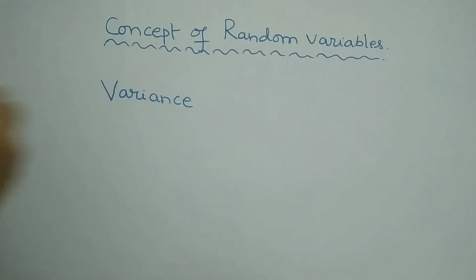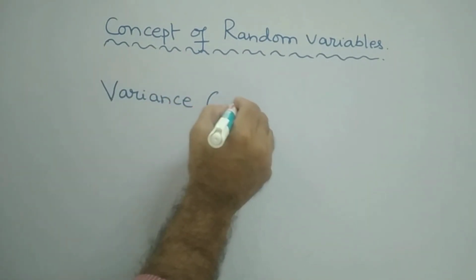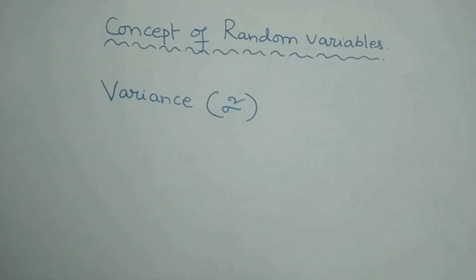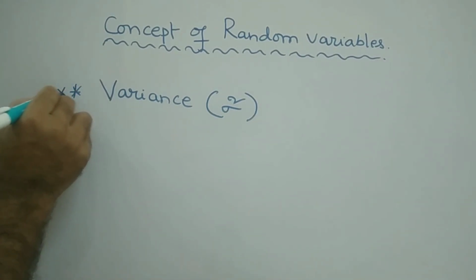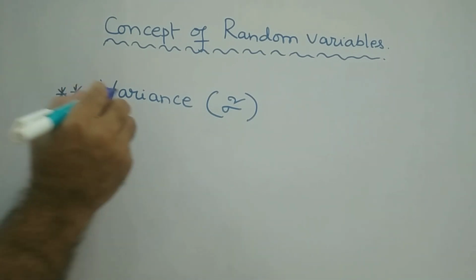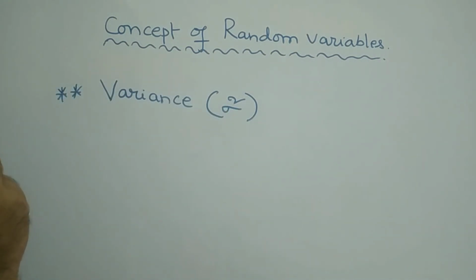Variance. That is denoted by sigma square. Variance is another very, very important parameter of a random variable x. Variance, that is denoted by sigma square, right?